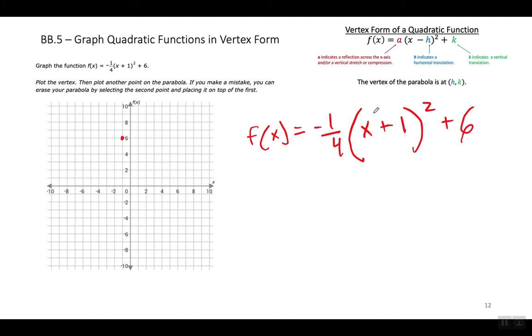Because if I get a 4, I could cancel it out with this 4 that's in the denominator when I multiply it with negative 1 over 4. I'll say it again. The best number would be if when I add 1 to it and square it, it gives me a 4 so that I could cancel it out with the 4 in the denominator of this fraction when I multiply them together.